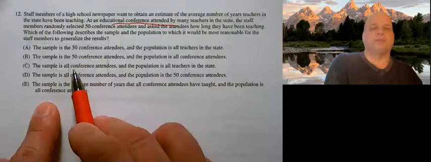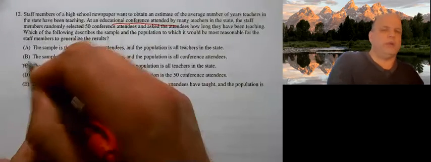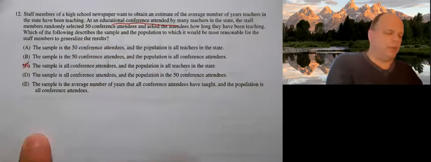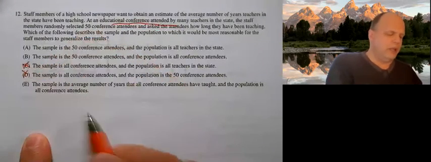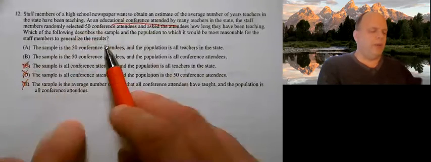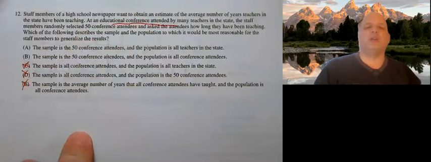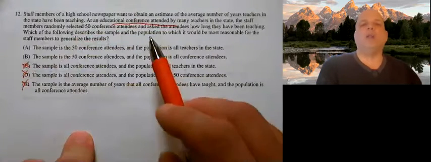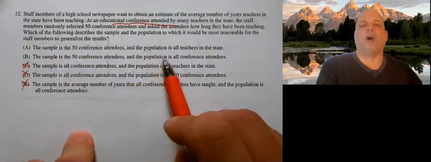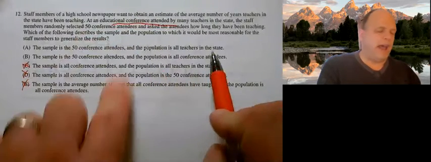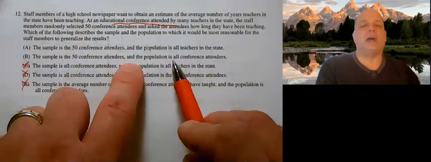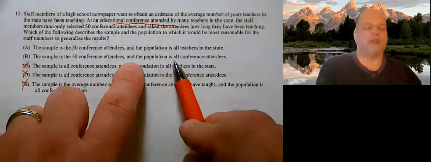That much is true. So we can get rid of the sample is all, the sample is all, and this. So the sample is the 50 conference attendees. The question is, who's the population? Now what they wanted was the population of all teachers in the state. But in fact, we only selected them not from the state, but only from conference attendees.